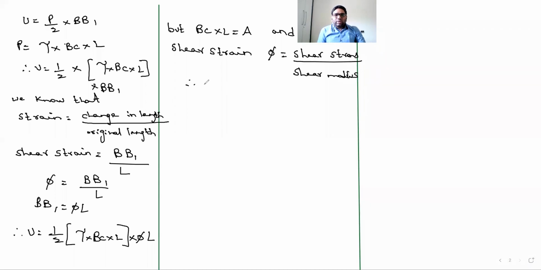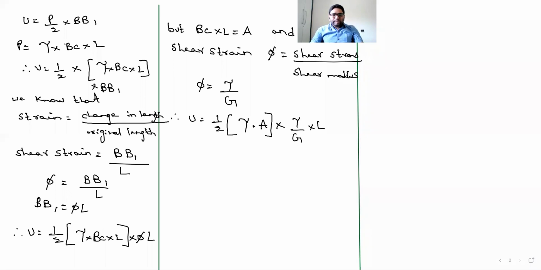So that means phi is equal to tau by G. Therefore, U is equal to half into tau into A, that is BC into L, into phi. What is phi? Tau by G into L.